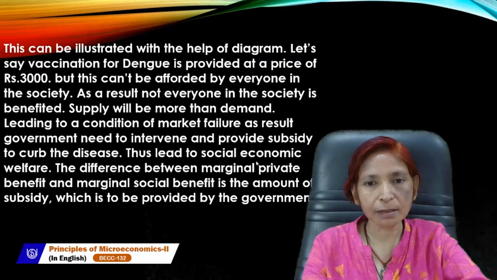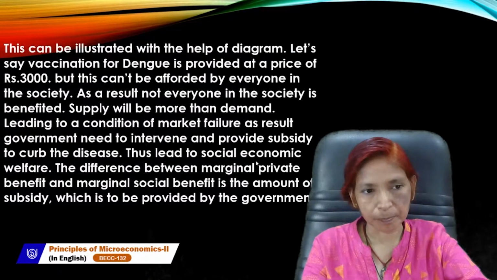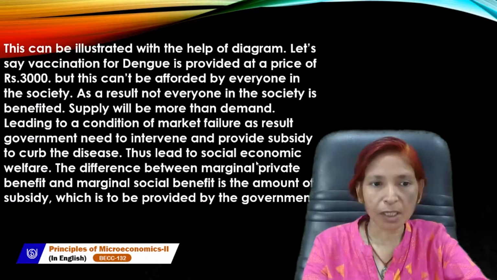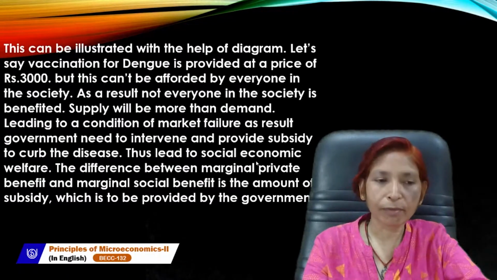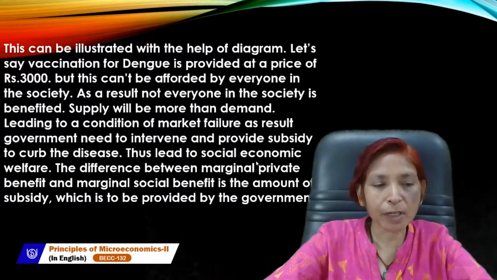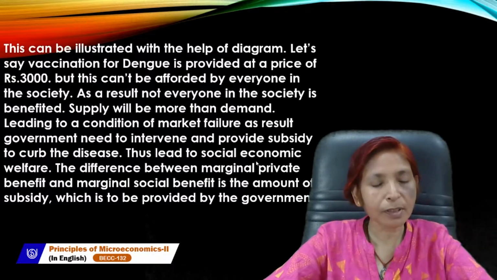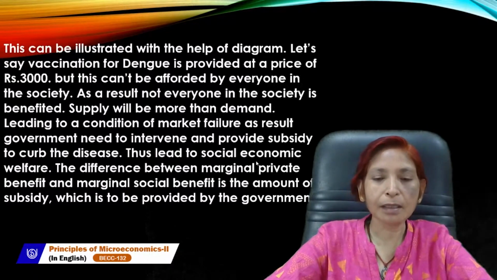As a result, the government needs to intervene and provide a subsidy to curb the disease, thus leading to social economic welfare. The difference between marginal private benefit and marginal social benefit is the amount of subsidy which is to be provided by the government.